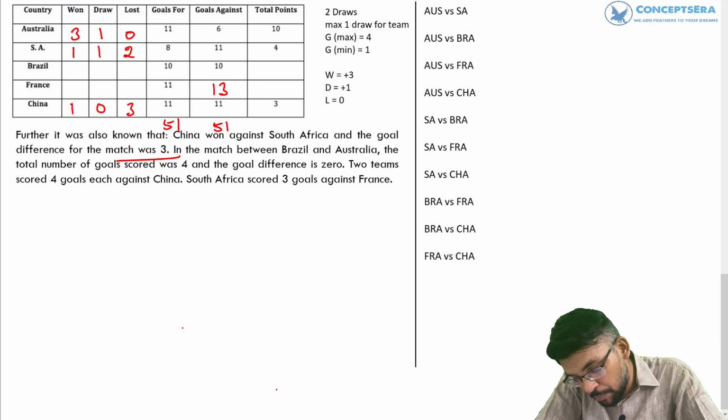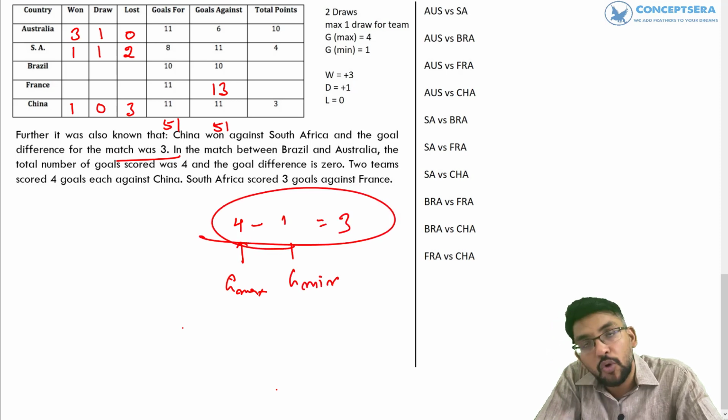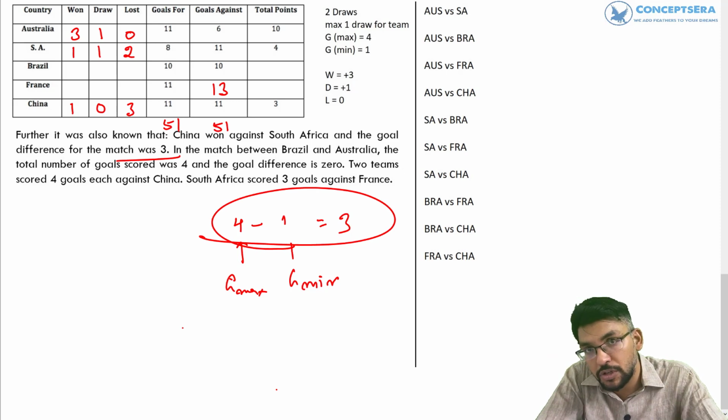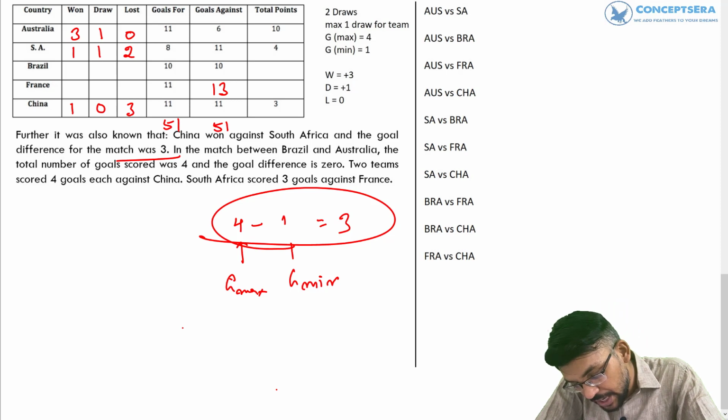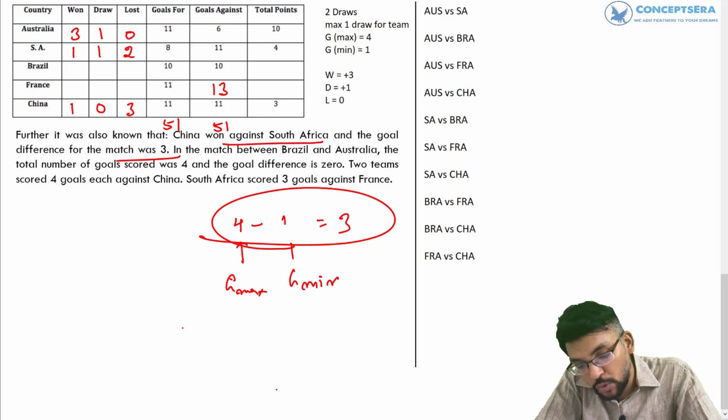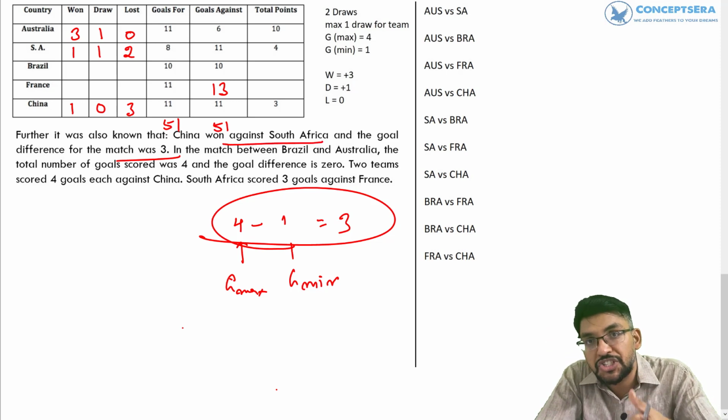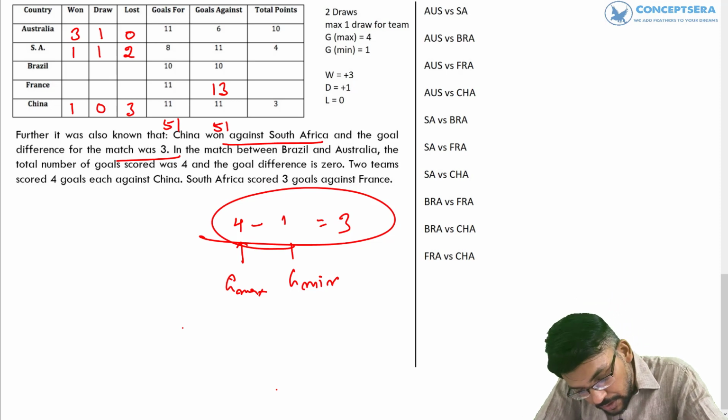The maximum possible goals and minimum possible goals give a difference of 3, so we know which team scored 4 goals and which team scored 1 goal. Because China won against South Africa, definitely China has scored 4 goals and South Africa has scored 1 goal. So South Africa 1 goal here and China 4 goals here.